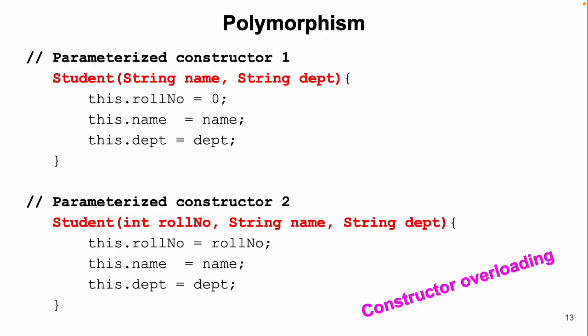It may vary like that also. The name of the method is the same, but the number and type of arguments vary. This is how constructor overloading is achieved. Any doubts?